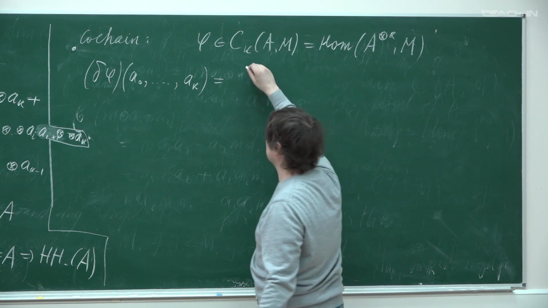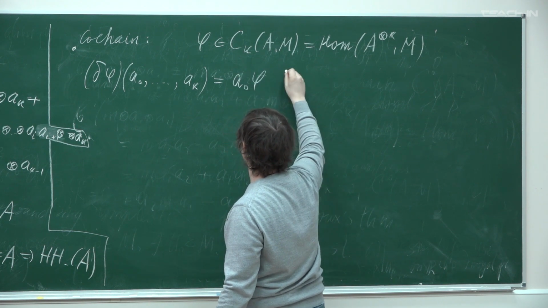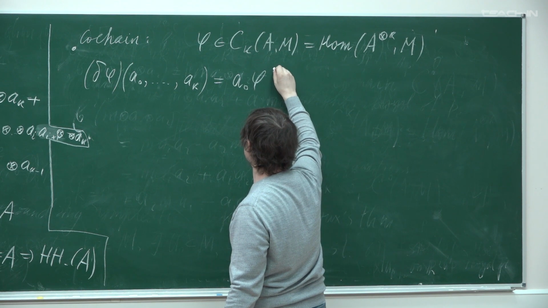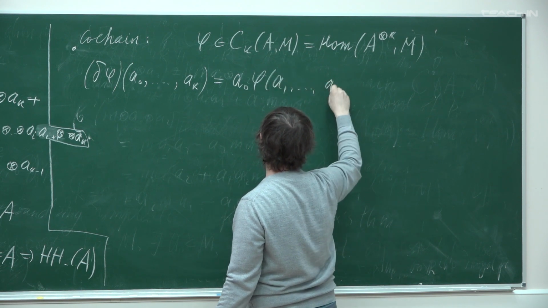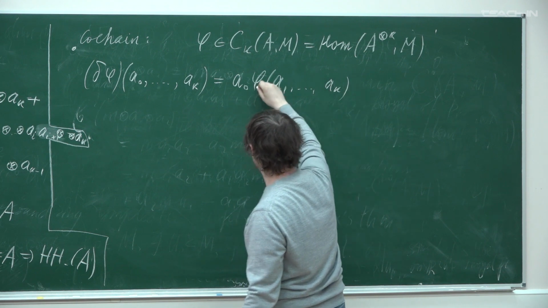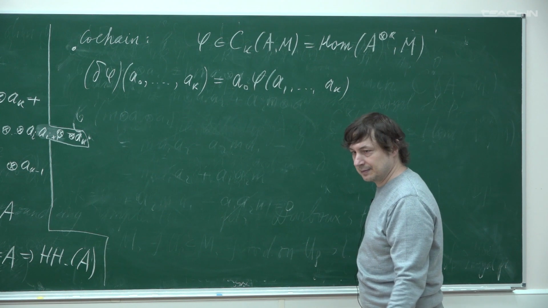So this now is equal to the following combination of elements. First, we take a0 outside, apply phi to a1 through ak, we obtain an element in M and multiply it by a0 on the left.